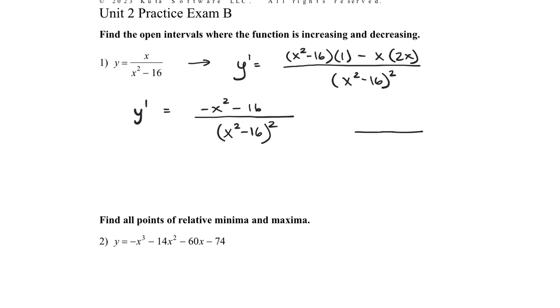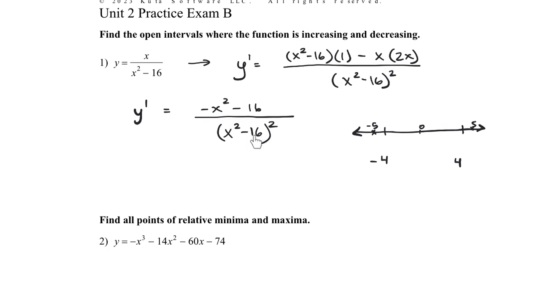So if you recall, the next step after you find the critical values is to plot them on a number line and test some values. I'm going to test negative 5, 0, and positive 5. If I plug negative 5 into the first derivative, negative 5 squared is 25, multiplied by negative 1 is negative 25, minus 16 is negative.